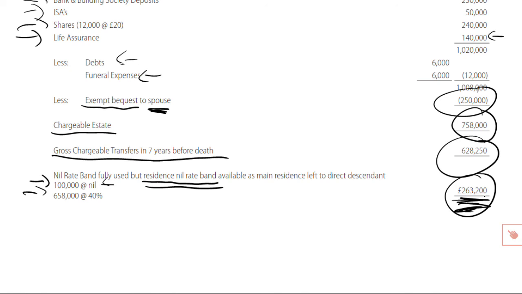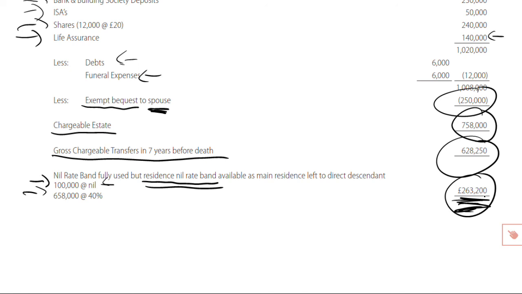And what we then have to deal with is when dealing with the taxpayer's death. In this example, as we've just seen, all the lifetime transfers were made within the 7 years before death, so they all became chargeable as a result of the death of the taxpayer.